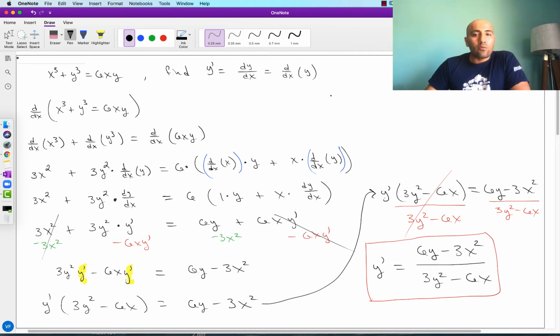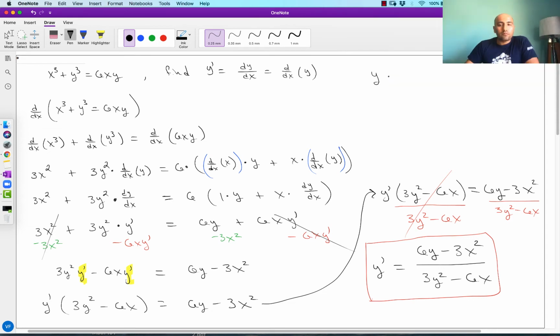But normally, we like to have y as our dependent variable. Normally, y equals the dependent, and x is the independent. So y prime is dy dx, so the variable of differentiation is the x.